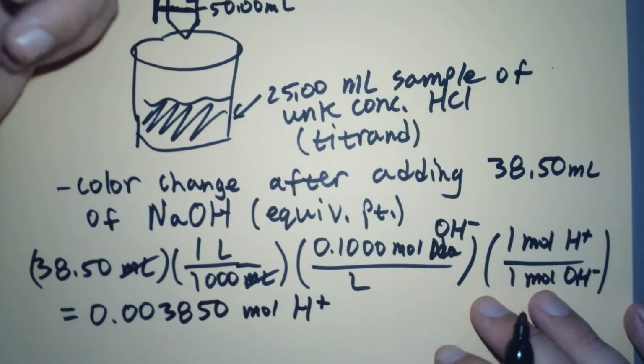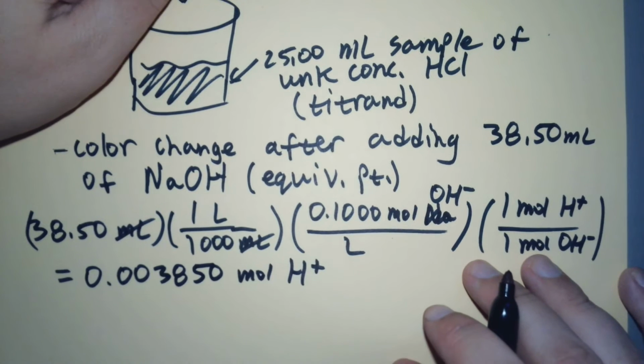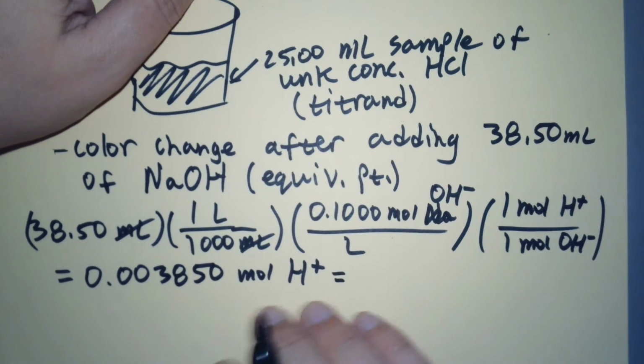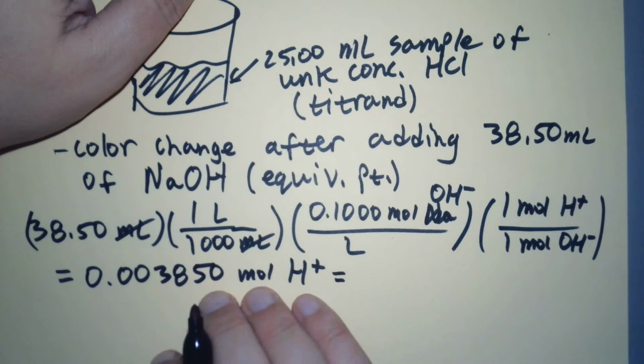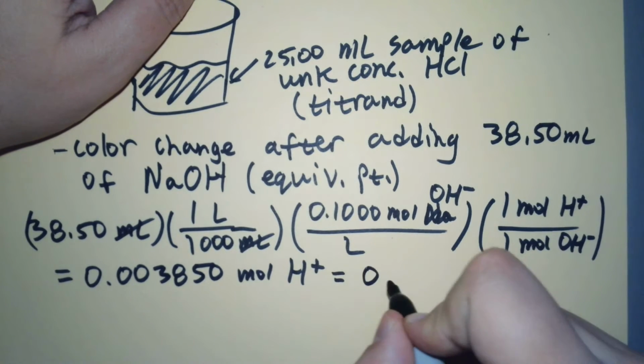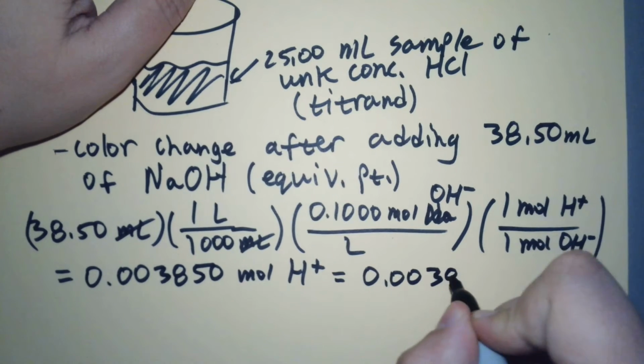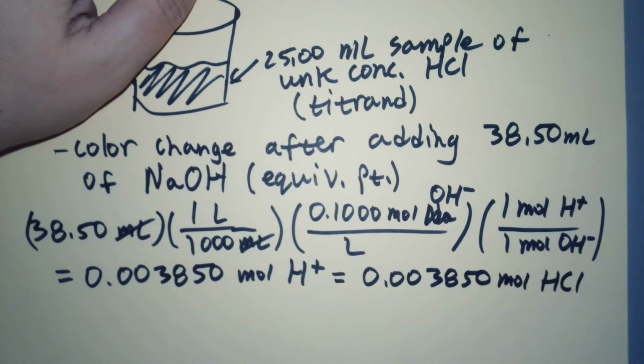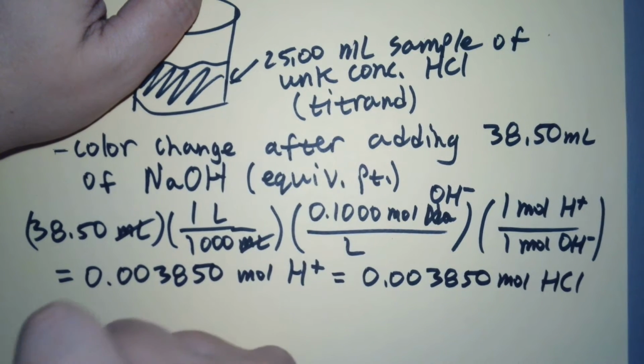And HCl is what we call a monoprotic acid. So that means for every mole of HCl, there would be 1 mole of this stuff. So that means it's 0.003850 moles of HCl. Okay, and so now I need my molarity.